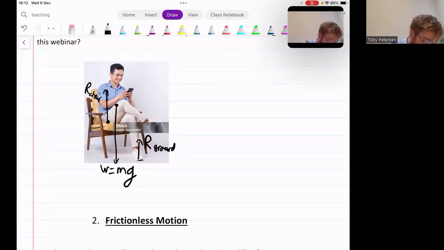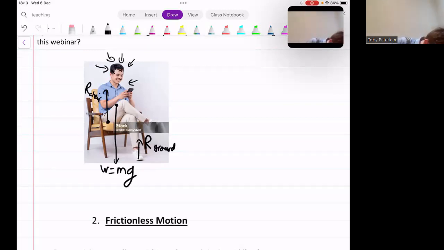There is, however, maybe one more, which is maybe easy to miss and one that doesn't really come up in problems that often. But there's also air pressure. So there's air pressure from the outside coming in, but then there's also air inside you, which pushes outwards.